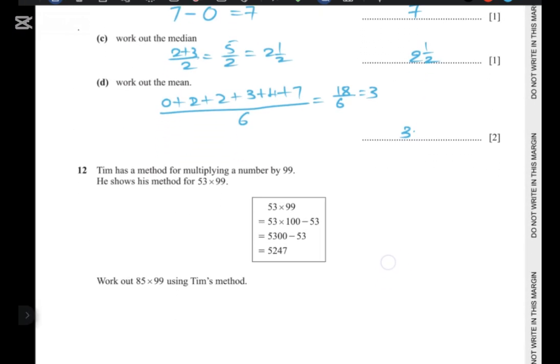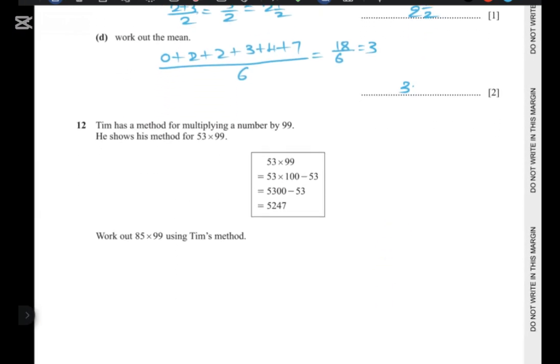Question 11 is done. Question 12 now. Tim has a method for multiplying a number by 99. He shows his method for 53 into 99. So this is the method given, where 53 into 99 is written as 53 into 100 minus 53. That means multiplying the number with 100, which is 1 more than 99, and then subtracting the same number. You get the answer.